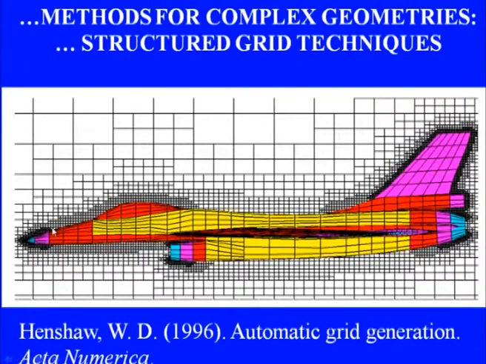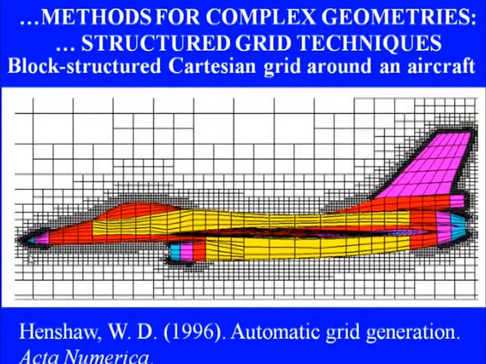Close to the nose cone we have got very fine grids. Similarly near nacelle we have got very fine grids, and so on. Close to the wing surfaces or the tail surface again we have got very fine grids, and away from the body of the aircraft we have got a relatively coarser grid. So this is what is called structured, or rather block structured Cartesian grid around a complete aircraft.